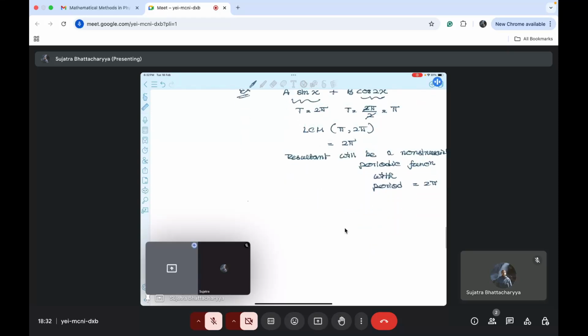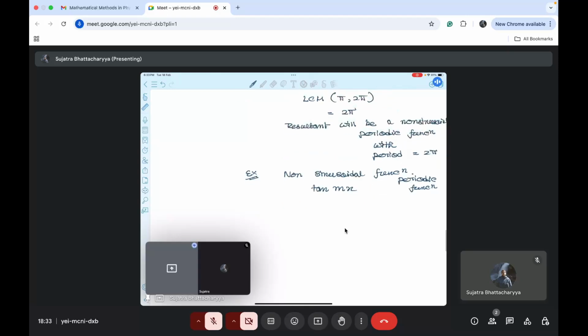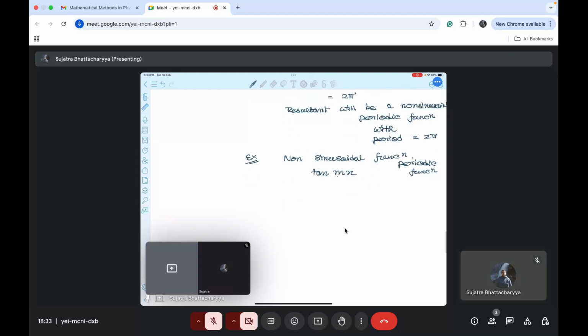Let's take a non-sinusoidal function now. Let's take tan mx, and this is a periodic function. So for tan mx, its period will be T is equal to pi by m.